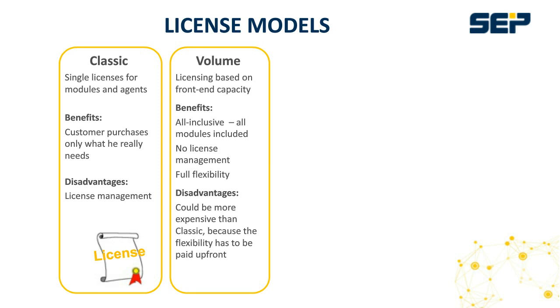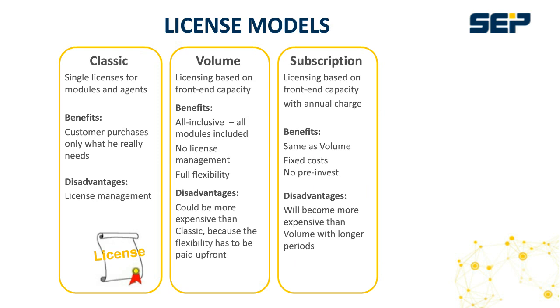I would say mostly nowadays we sell our capacity-based license model, and therefore we have a volume-based license model and a subscription license model. This is fairly simple. You just have to calculate the amount of front-end terabytes for one full backup, and that's actually the calculation for the price. So nothing else.